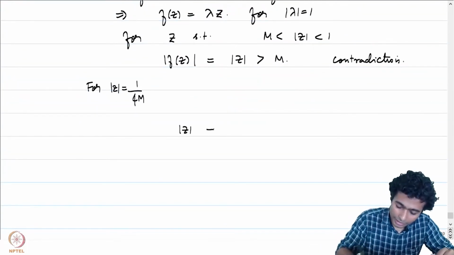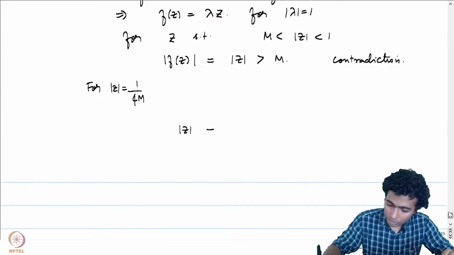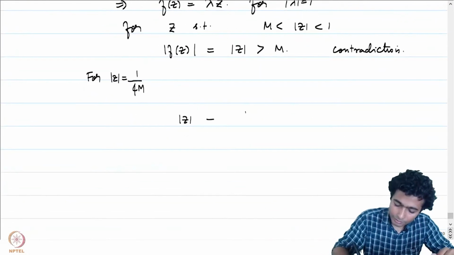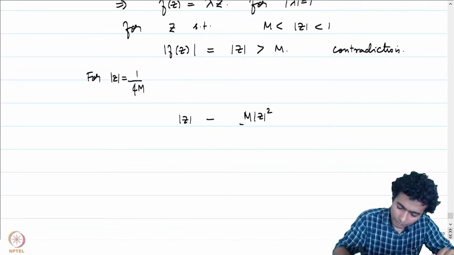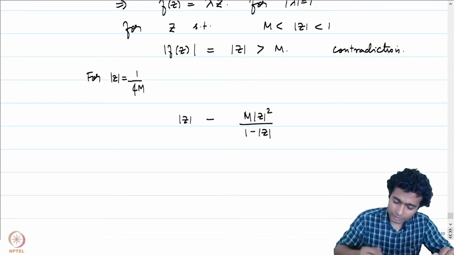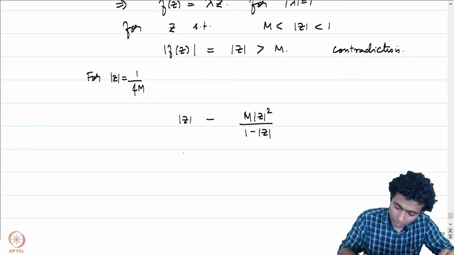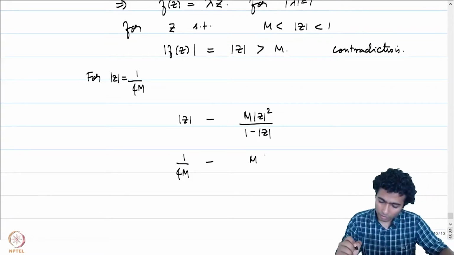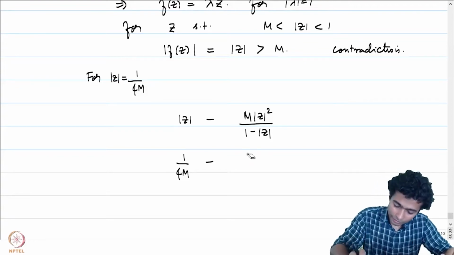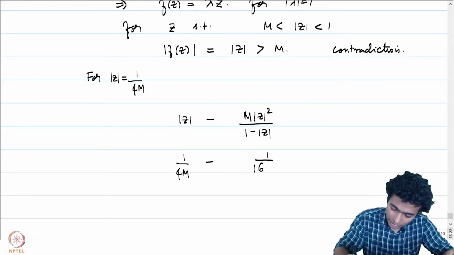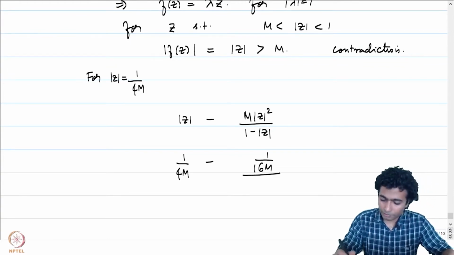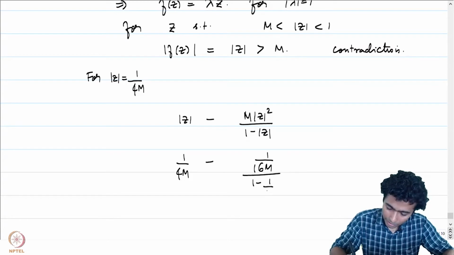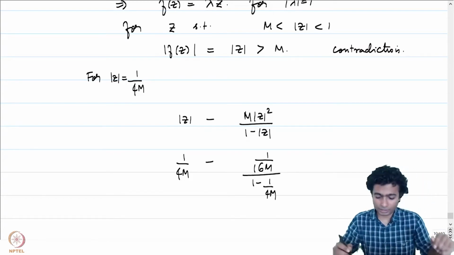Mod z minus m mod z square times 1 minus mod z is going to be 1 by 4m minus m by 16m square, times 1 minus 1 by 4m. This is precisely what it is going to be.